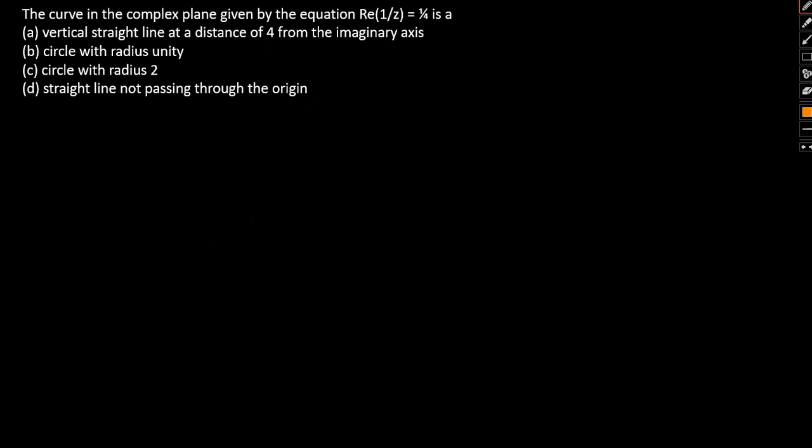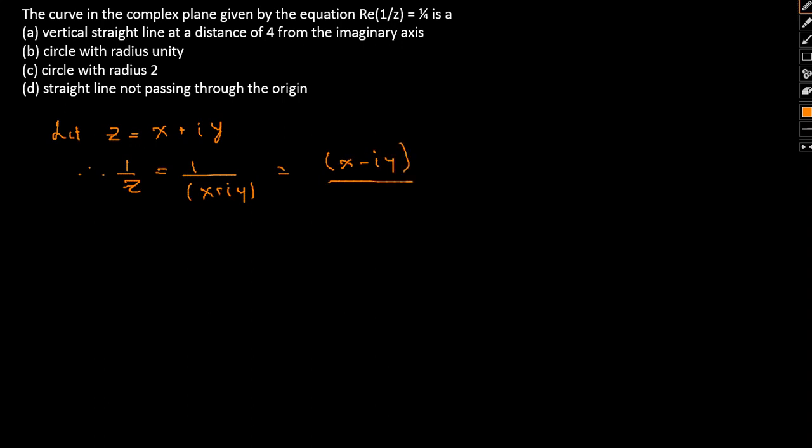So let's start off by letting z equal to x plus iy. Therefore I can simply write 1 by z as 1 by (x plus iy). If I further compute the same by complex conjugate, I will have (x − iy) by x² + y².